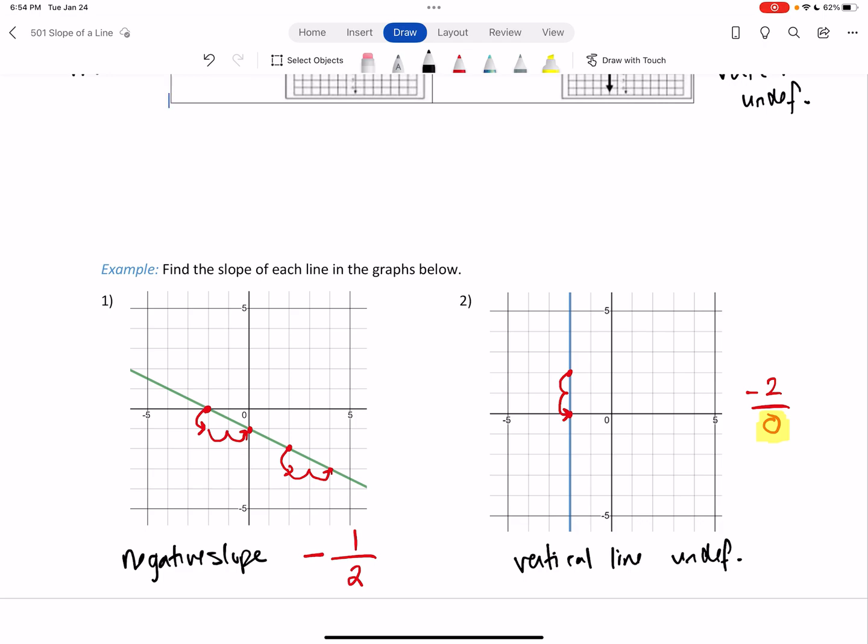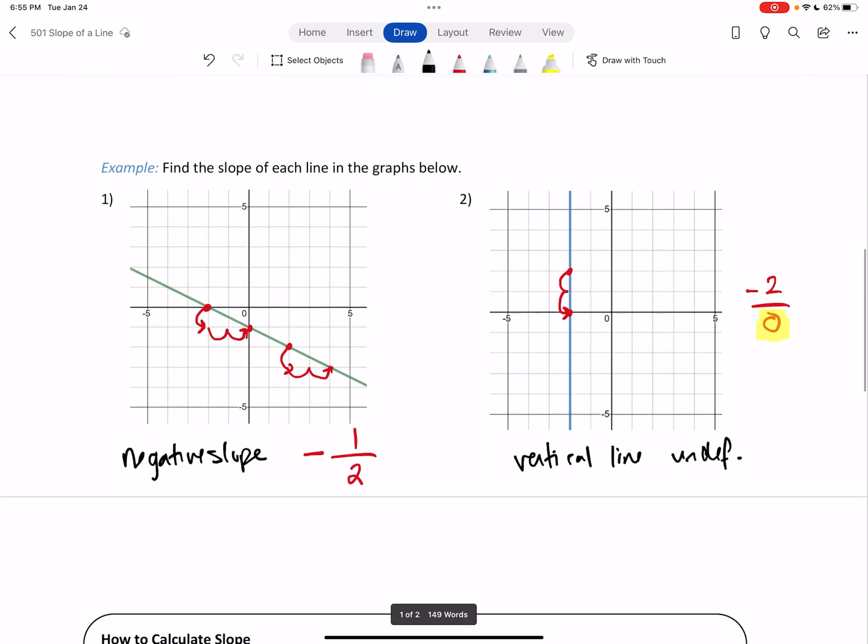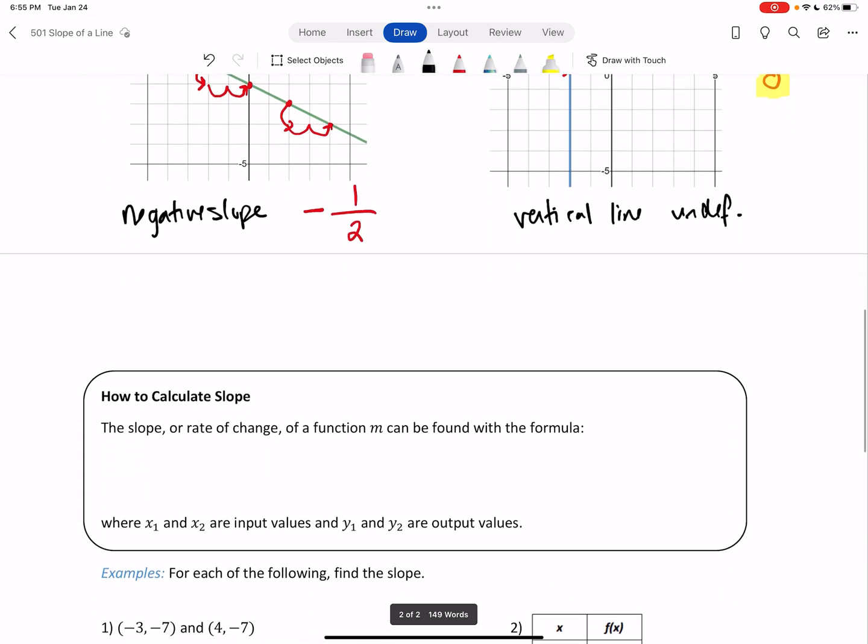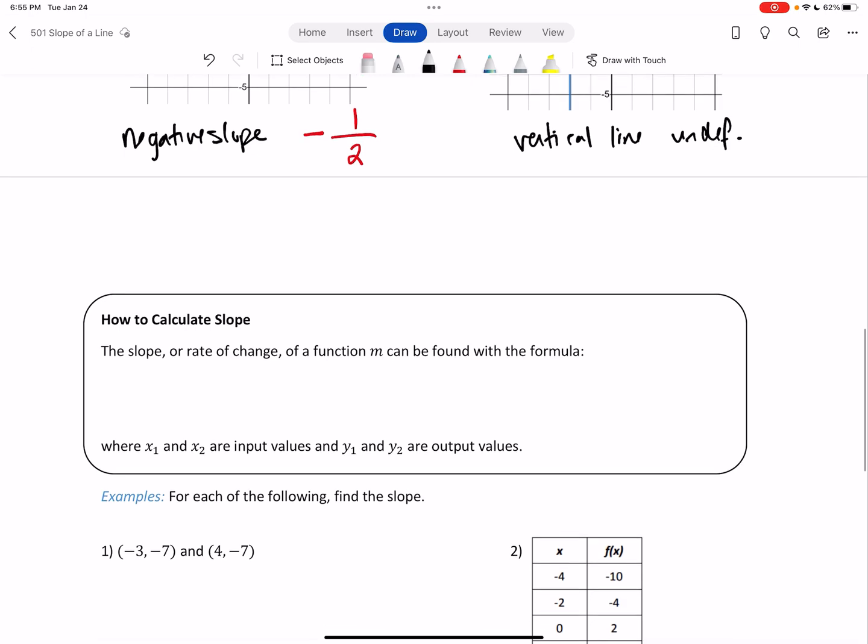We don't really want to have to draw a graph every time to find the slope, and sometimes the points are not nice, so we can't just count like we did. So we want to use a formula to find the slope as well. The slope or rate of change, m, can be found with the formula: the change in the y values, y2 minus y1, divided by the change in the x values, x2 minus x1.